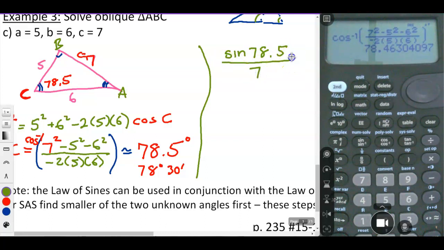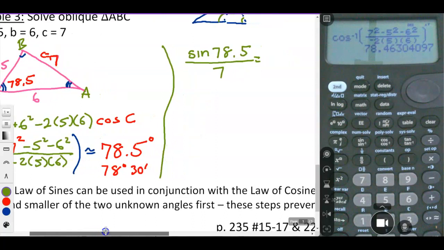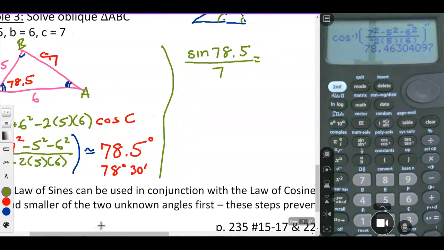over 7 will be equal to, and you get to pick. You could put sine of A over 5 or sine of B over 6 and find the angle. I'm going to go with, let's say, sine of B over 6.